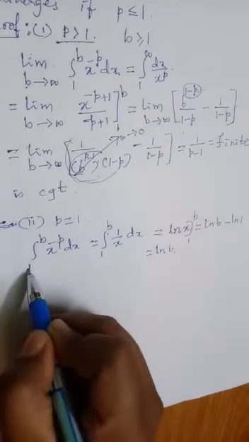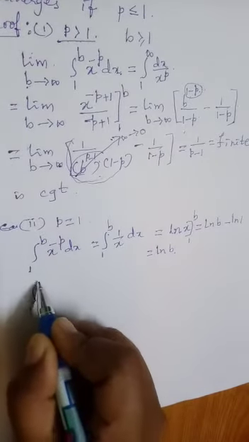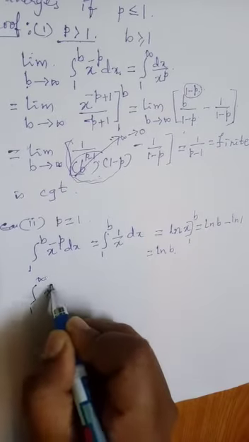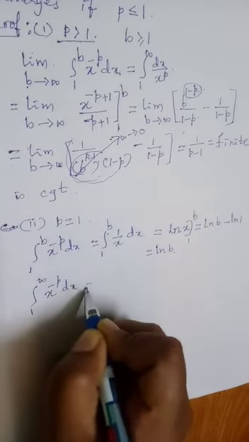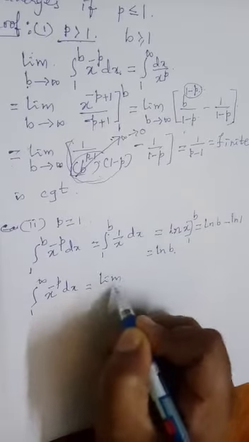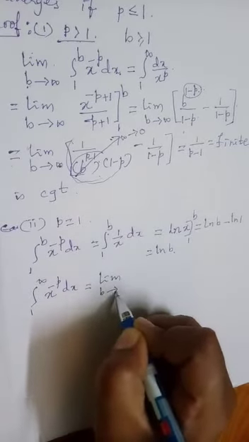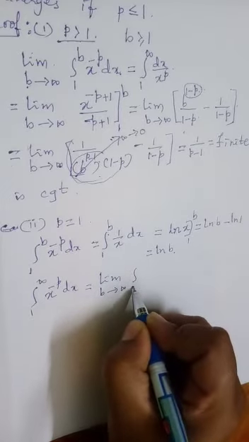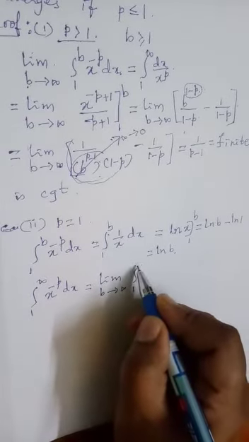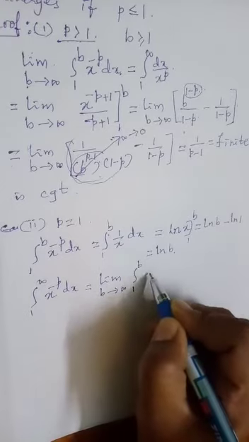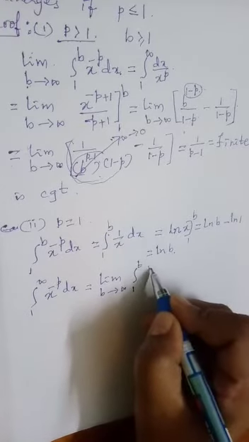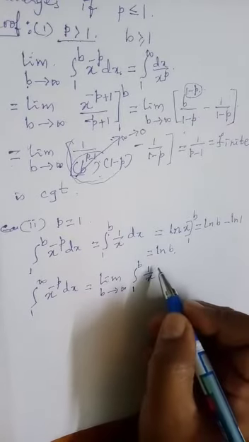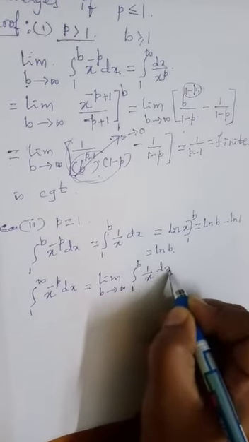Now what we want is the integral from 1 to infinity of x raised to minus p dx. It is nothing but the limit as b tends to infinity of the integral from 1 to b of, here p is 1, so it takes the value 1 by x dx.